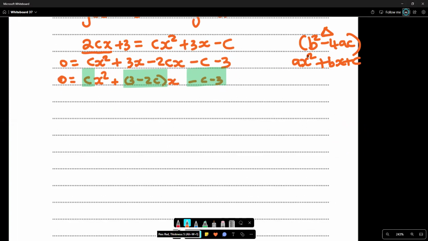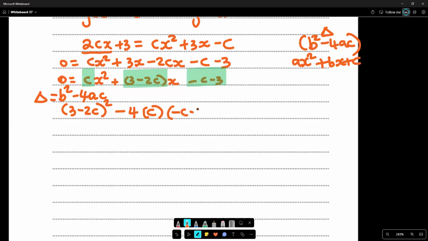So you have (3 minus 2c), then there's a square. Okay, let's write b squared minus 4ac here. Then I can show delta. This is the discriminant. Then you have minus 4, your a times c, and your c is minus c minus 3, right? Minus c minus 3. And then we need to simplify this.